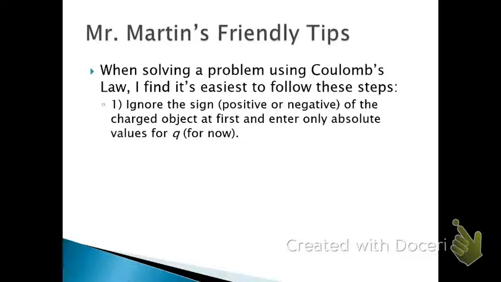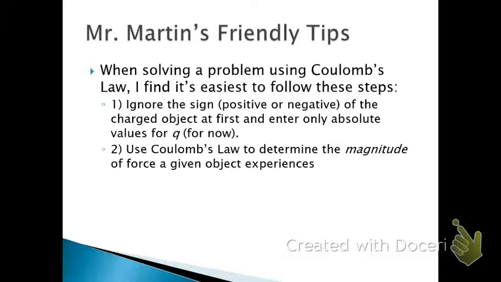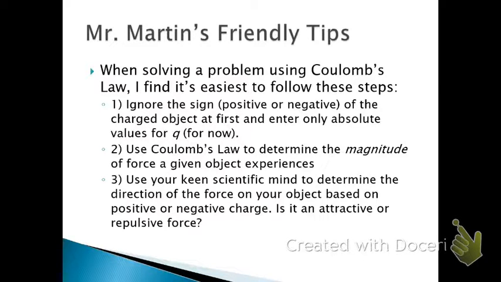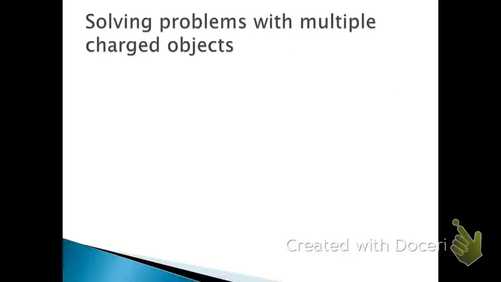So ignore the sign for now, because you can figure out the direction for yourself, and enter just the absolute values of Q. You'll use Coulomb's law, that equation that was just given, to figure out the value of the force in newtons, and then figure out the direction for yourself. It always helps to draw a picture.